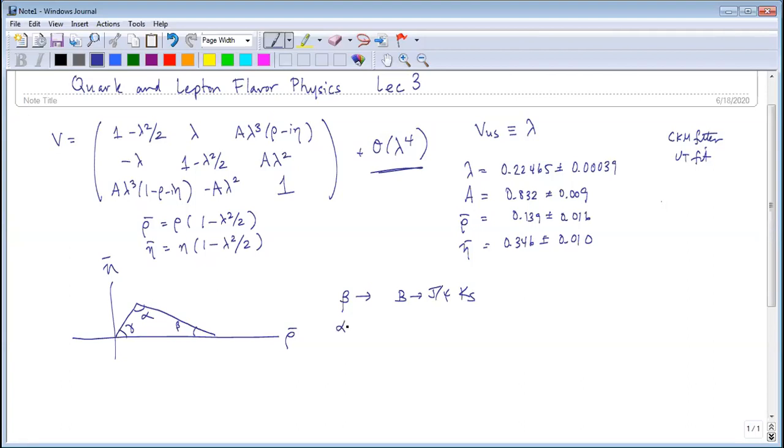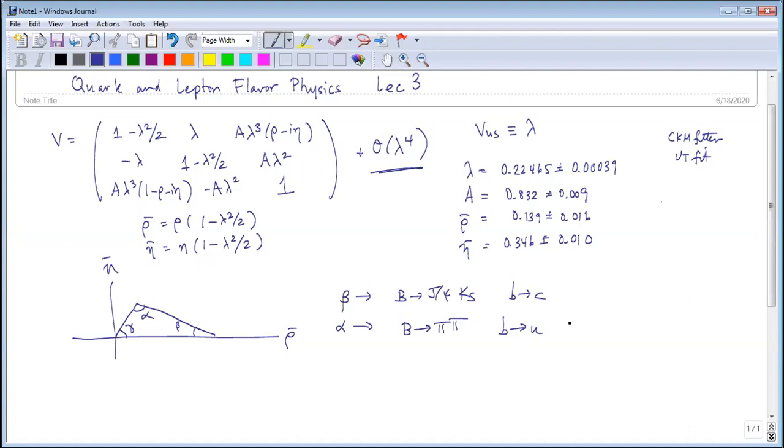Whereas alpha one gets primarily from looking at B to pi pi decays, as well as B to pi rho and B to rho rho. These are a B to u transition. So notice this one is B to c. Remember, the J/psi is basically the charmonium. And B to u is a tree level process, just like B to c, but it's more CKM suppressed.